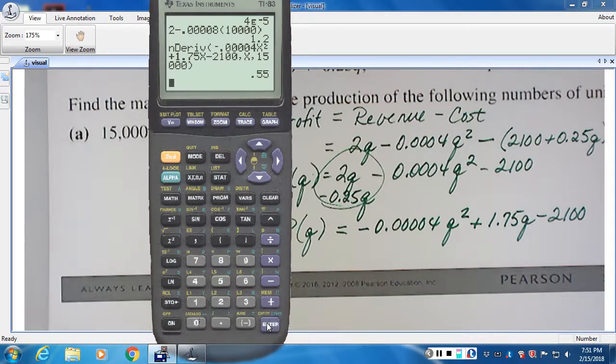And it says that that's 55 cents. And it is positive.